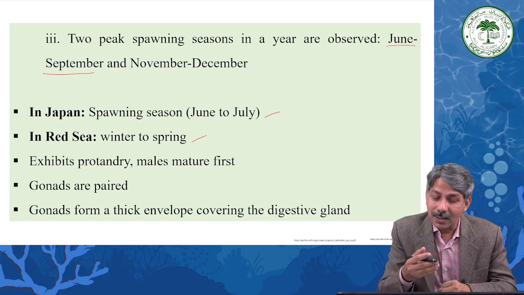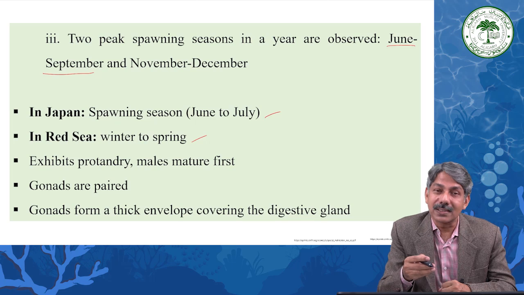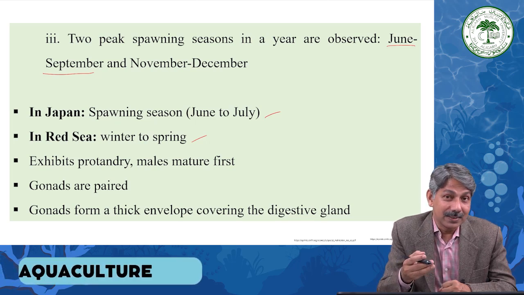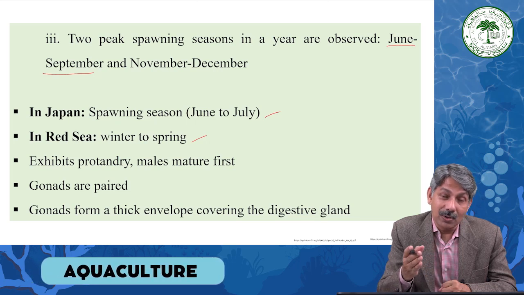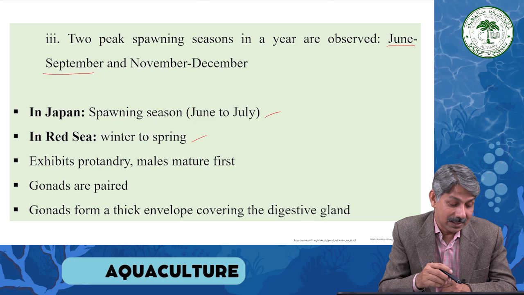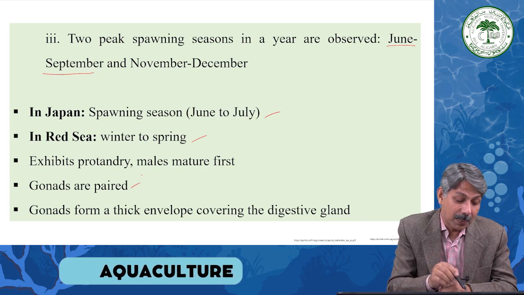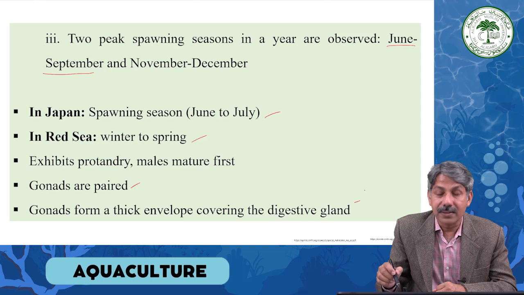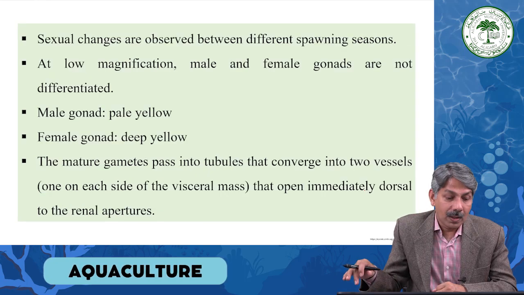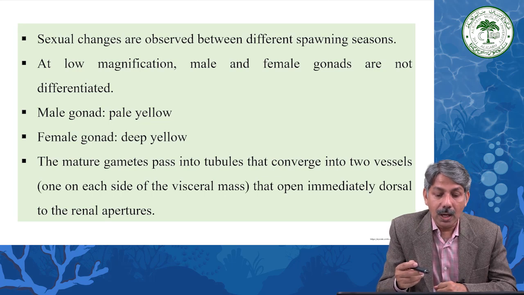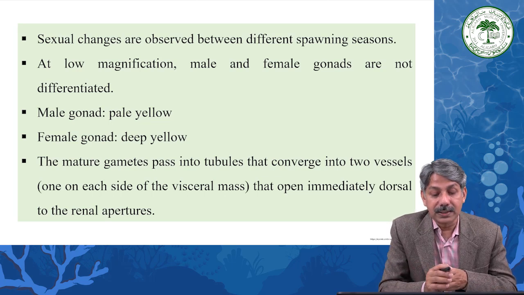In fact, maybe I shall be explaining to you how the sexes influence the quality of the pearl. Whether it is developing in male or female, that also has some kind of influence on the quality of pearl. Gonads are paired, and gonads form a thick envelope covering the digestive gland. So, sexual changes, as I discussed earlier, are observed between different spawning seasons.